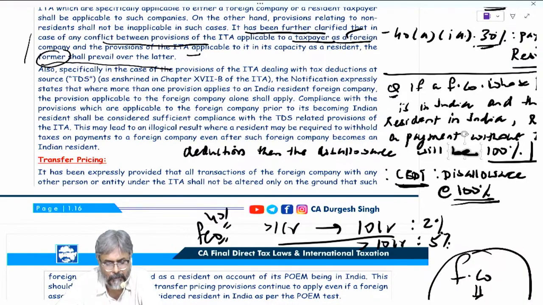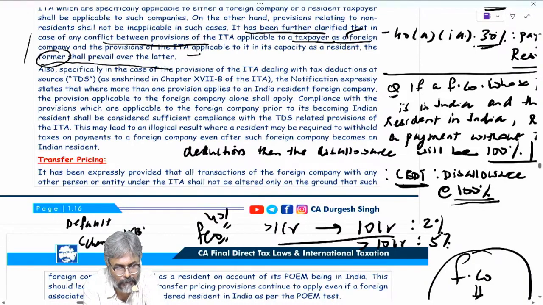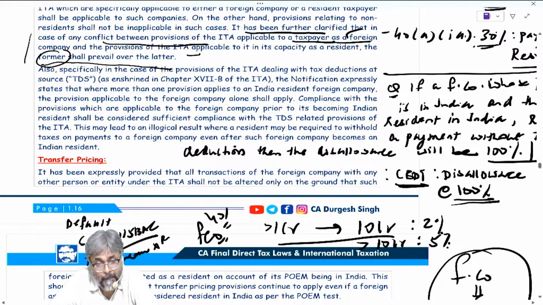These rates are important for the reason that while we will be solving now, we will be very near to practicals and competition. So that time, this should be there in your mind. One last point I told you, and I am repeating again, that in the default scheme of 115BAC, because you have to calculate total income into rate, there could be some special income.